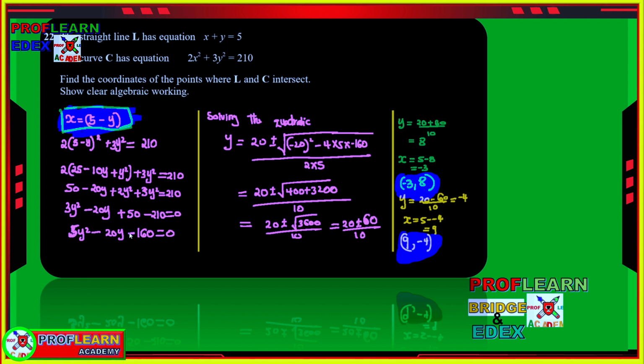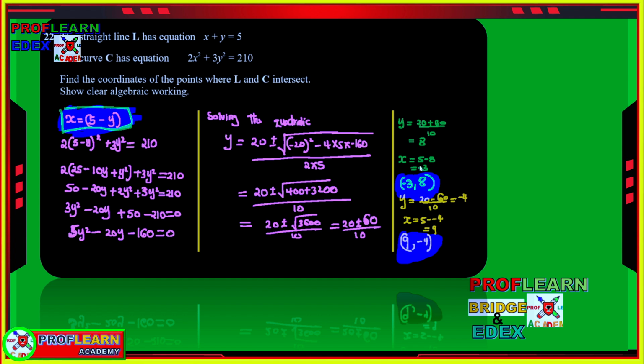The next thing is to solve this quadratic equation, maybe using the quadratic formula, and you are going to get the values of y. At this point, a is 5, b is negative 20, c is negative 160. Then you substitute into the quadratic formula. You're going to get the first value of y being 8.